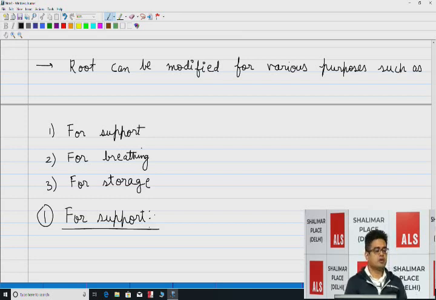Now for support, everybody must have seen banyan trees, right? Now, when you look at a banyan tree, what do you see? Look, a banyan tree can be very huge. It can be spread over kilometers.